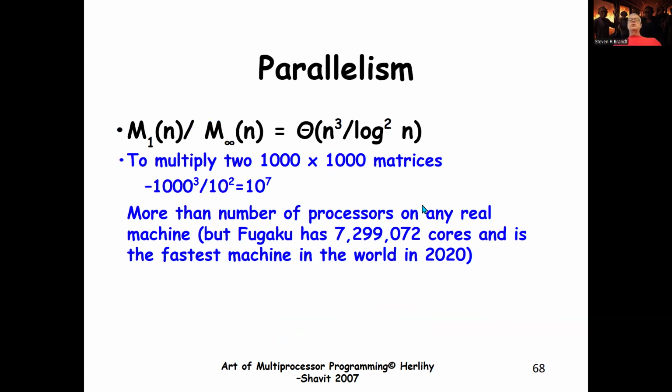And so if you multiply two 1,000 by 1,000 matrices, it gives you a parallelism speedup of 10 to the 7.